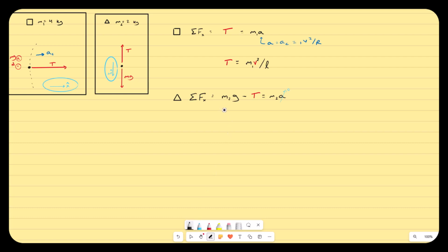Which means this equation becomes m2g equals T. Well, I can run with that. I'm going to put that in here. And that gives me m2g, remember, that's what T was, equals m1 times v squared over L. I'm looking for v.